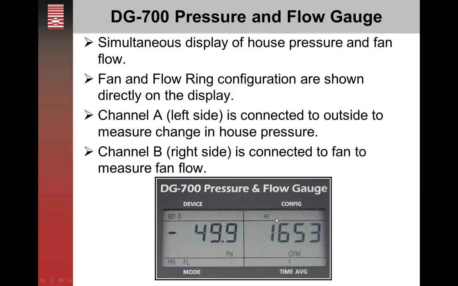On the right-hand side, you can see that under configuration, we have ring A1, and that our value is being read in cubic feet per minute, and that our time average is 1, meaning that you will see a new value every 1 second. The time average can be changed to show it in 5-second values or 10-second or a long-term. When it's a really windy day, you would want to put it on a time average of long-term.